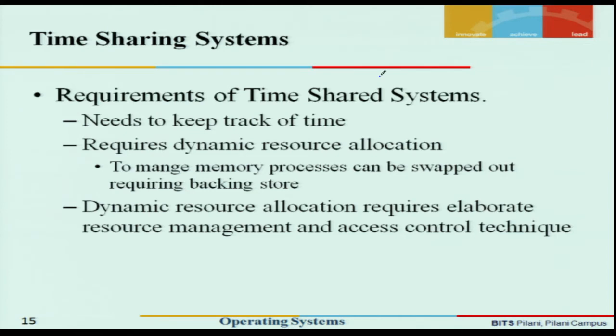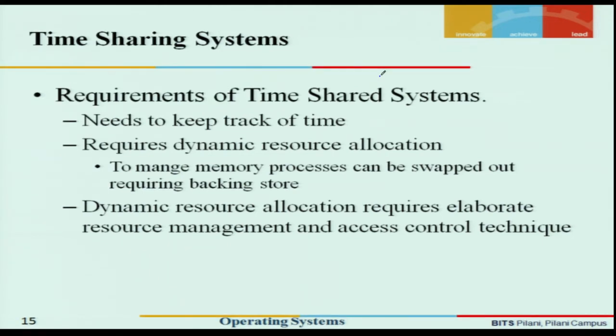In case of a time shared system, it requires dynamic resource allocation. As and when a specific job executes and gets allocated the CPU, it might make a request for a resource, and that resource has to be allocated dynamically.